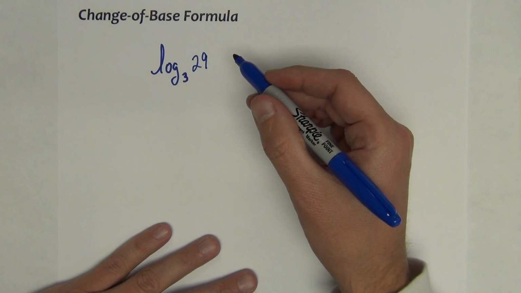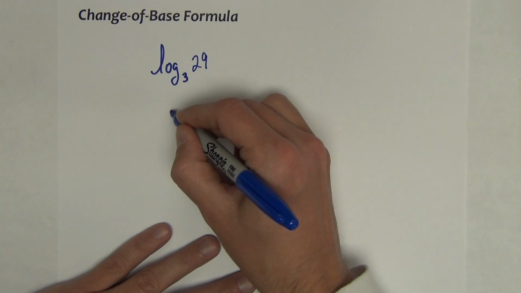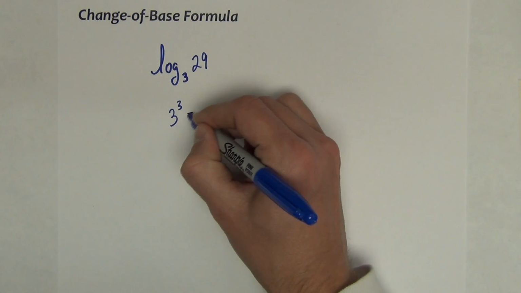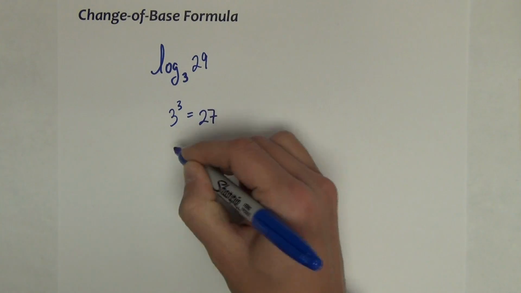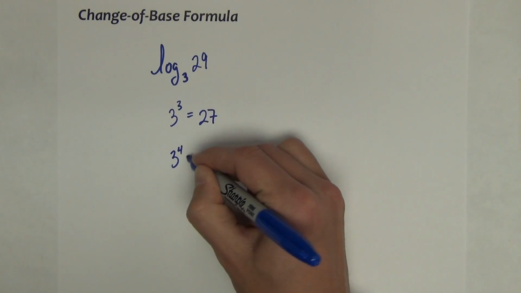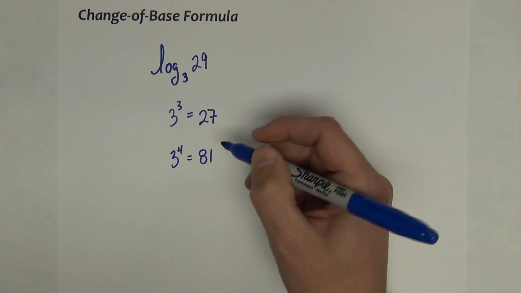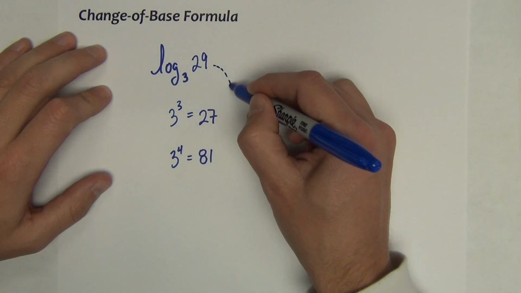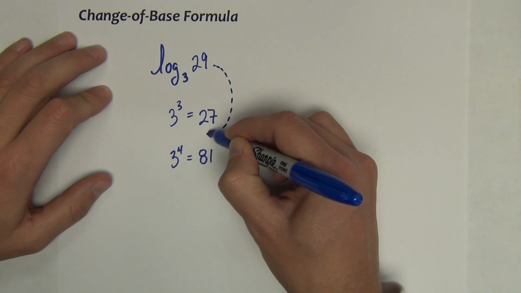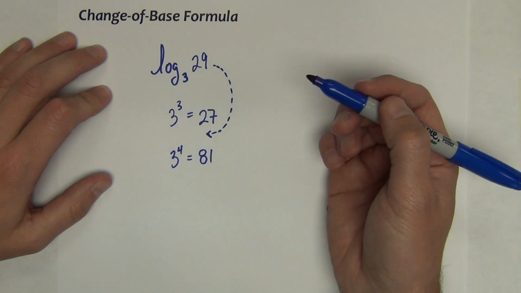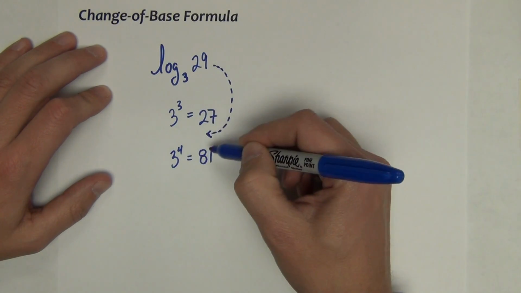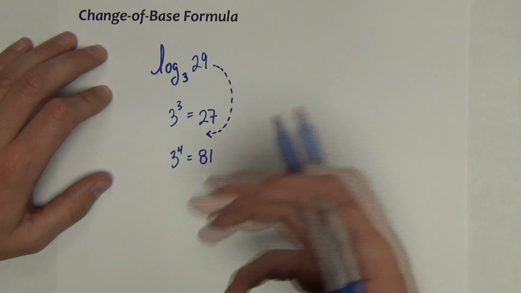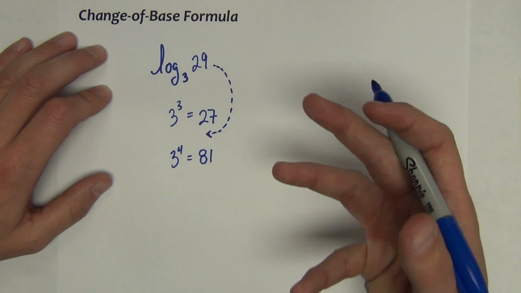I could estimate it because I know that 3 cubed is 27 and 3 to the 4th is 81. So I know that the answer to this lies somewhere between 3 and 4. The question is, what is it exactly?